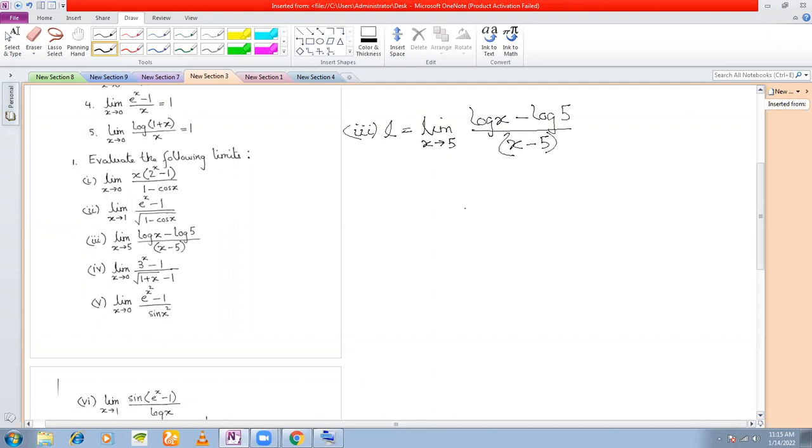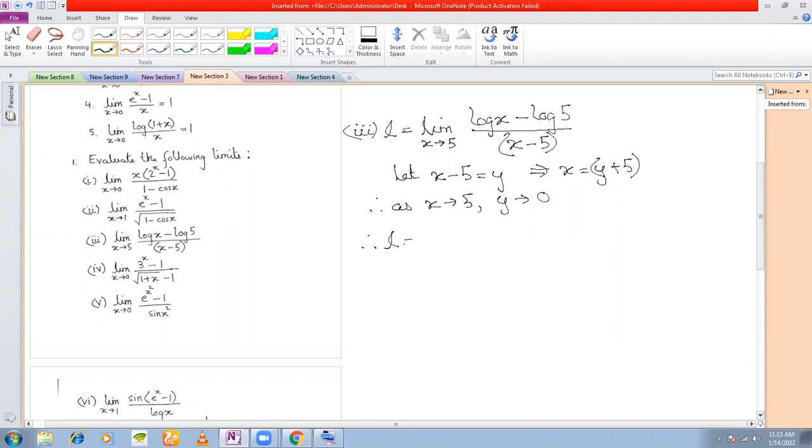Now see, limit x tends to 5 is here, right? So what you can do is you change it to x tends to 0 by changing the variable. Let x minus 5 is equal to y. So that means you get x is equal to y plus 5. Therefore, as x tends to 5, y tends to 0.